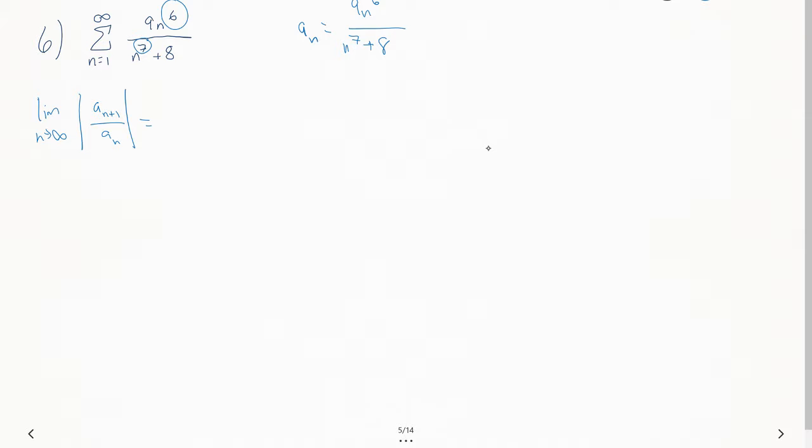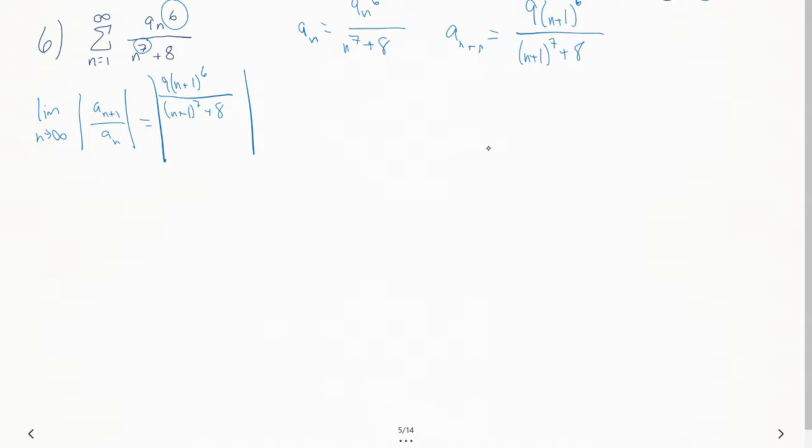There are certain ones where we're going to need to use other things, so I'm going to show you what happens. a sub n plus 1 equals 9 times n plus 1 raised to the 6th, all over n plus 1 to the 7th plus 8.